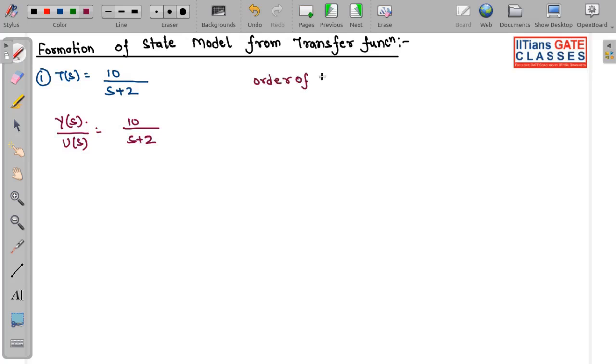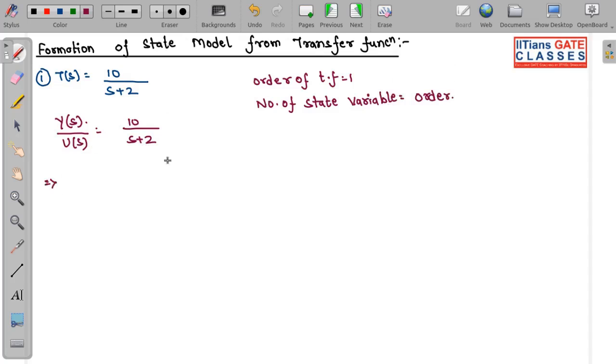Order of transfer function is equal to 1, and whatever is the order of transfer function, same will be the number of state variables. So number of state variables is equal to the order of system. Okay, so now over here you can see that this we have got.